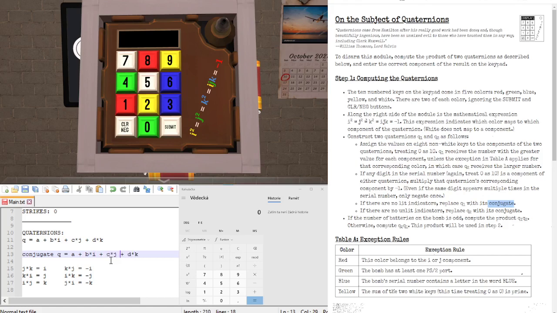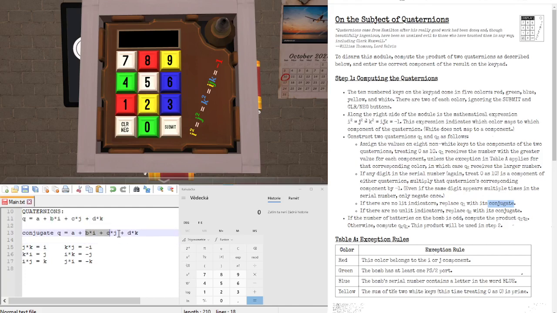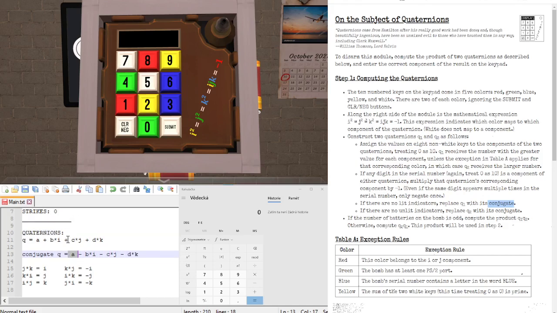However, we need to change the signs of the coefficients in the product of imaginary units and the coefficients. That was poorly said, but I don't know the wording in English. We just change these signs to minus. So the real part, the a, which is just a real number, remains the same without a change, which is very important.